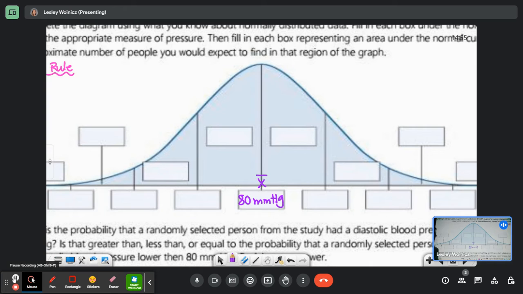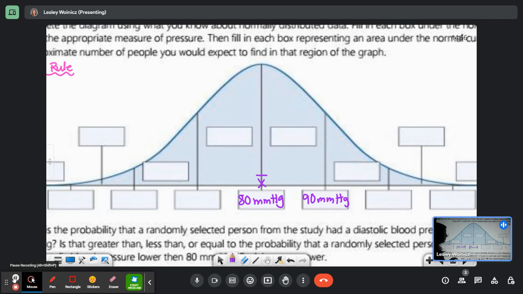What did it say the standard deviation was? 10. So how are we going to find out what to put in these boxes? Go up and down by 10. Yeah, up and down by 10. So 90 millimeters of mercury.